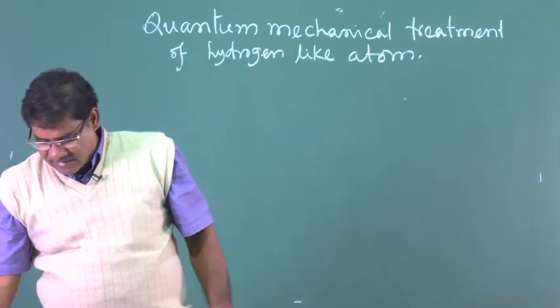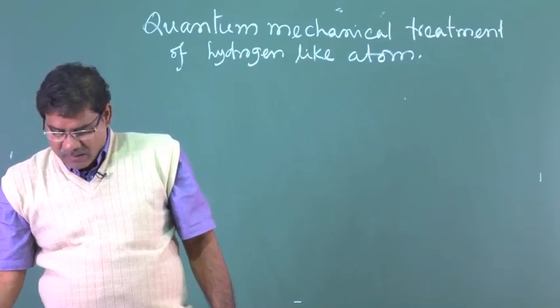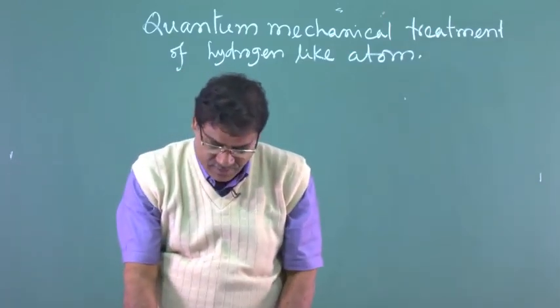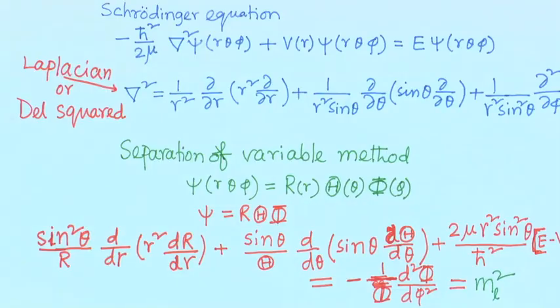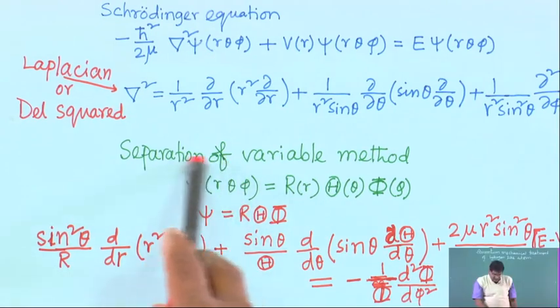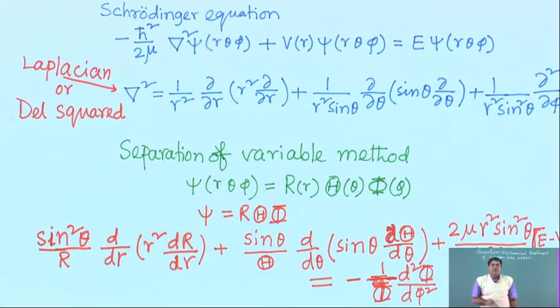So, what we have seen basically, one has to write the Schrodinger equation in spherical coordinate, and then we have to use the separation of variable method. This Schrodinger equation is a wave function of r, theta, phi.